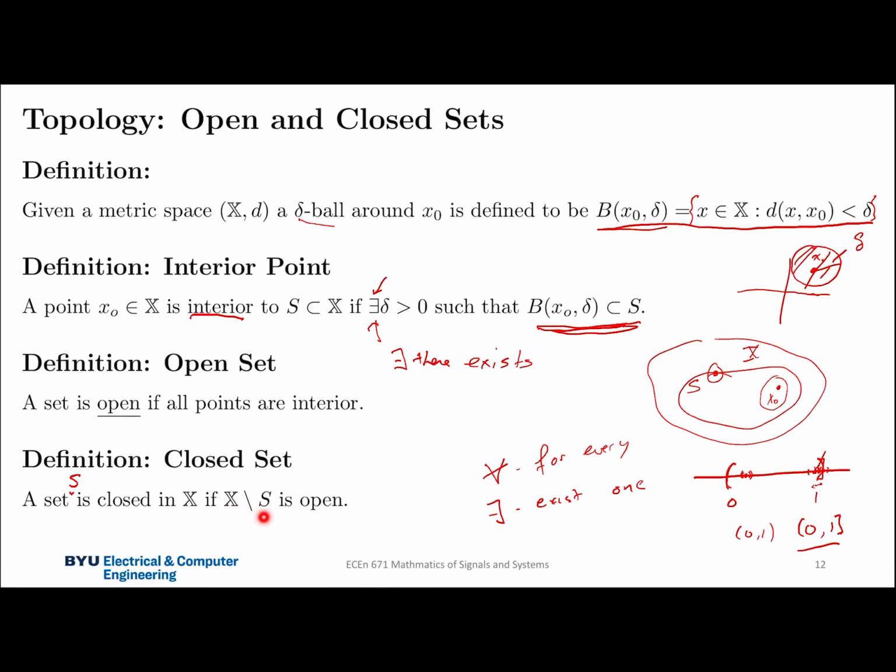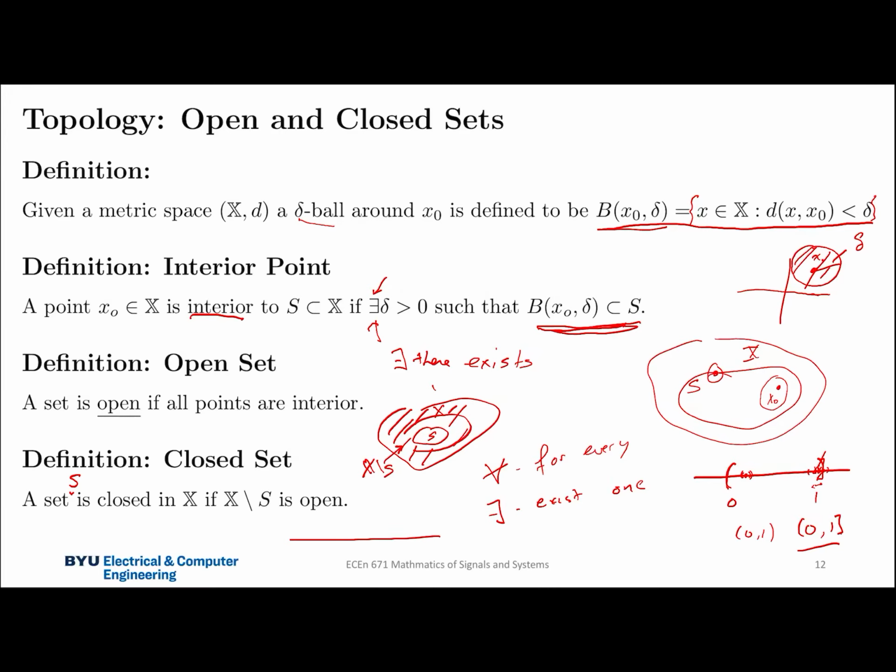So this is the set X minus the set S. In other words, here's X, and this is S, and so X minus S would be this set. So we say a set S is closed if when you do that set X minus S, this set out here is open.